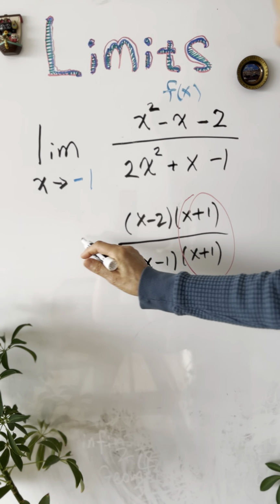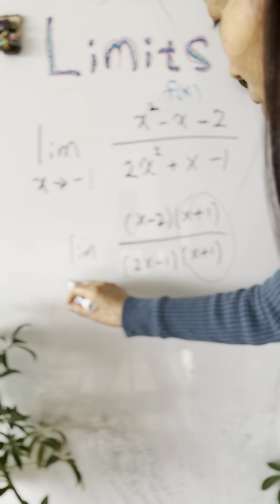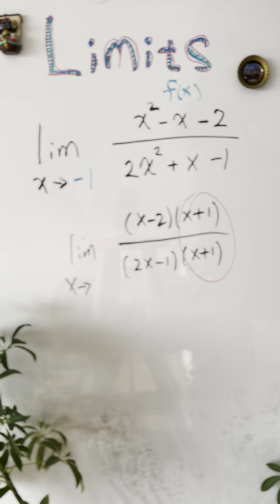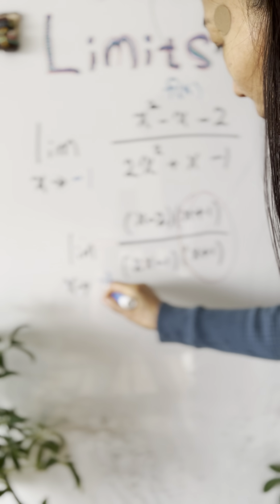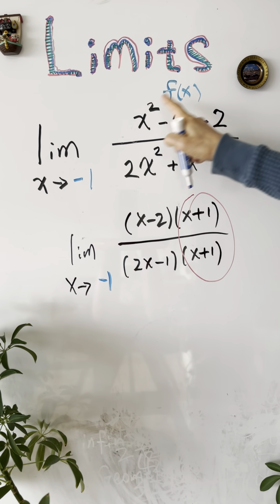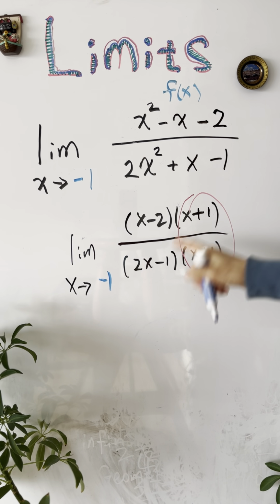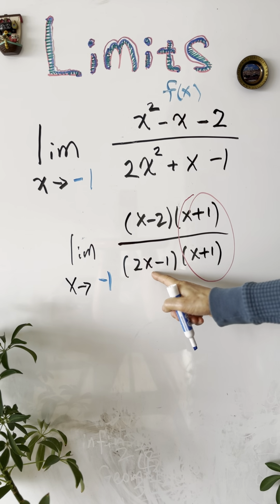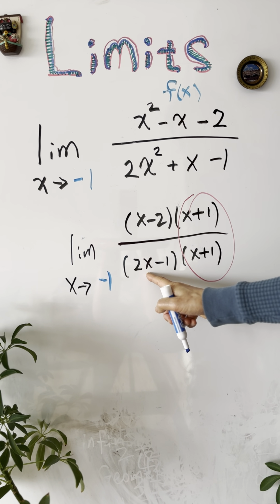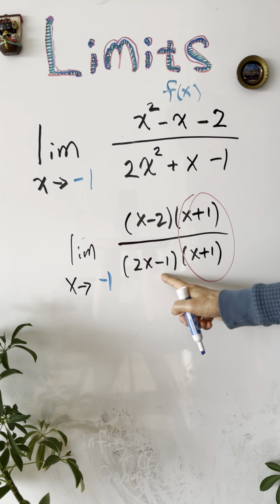Now we take a limit of this when x approaches the same number, -1. -1 is not in the domain of the original function, but now -1 is in the domain of this function. Let's see why. 2 times -1 is -2, -2 minus 1 is -3.